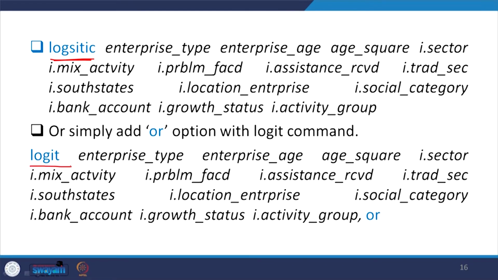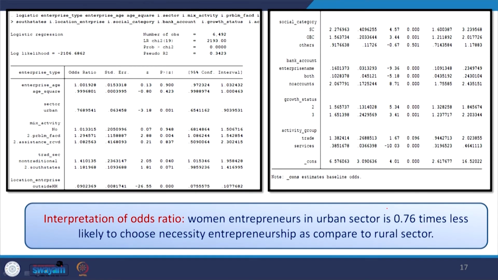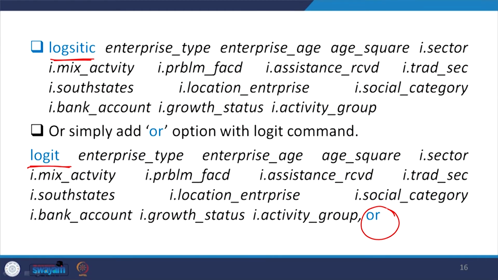If you have only logit and do not add this, it is not going to give the odds ratio at all, it only gives the coefficient. But if you simply add a comma with OR, which stands for odds ratio, this certainly boils down to the odds ratio. The results are like the way we have shown earlier, but this is more or less repetitive, you can operate on your own.